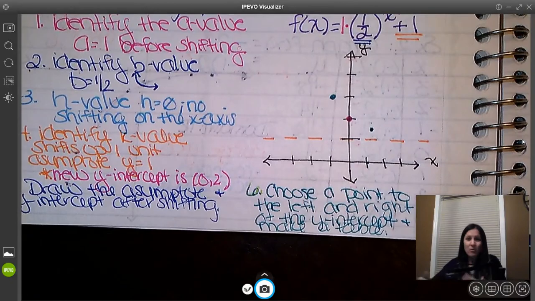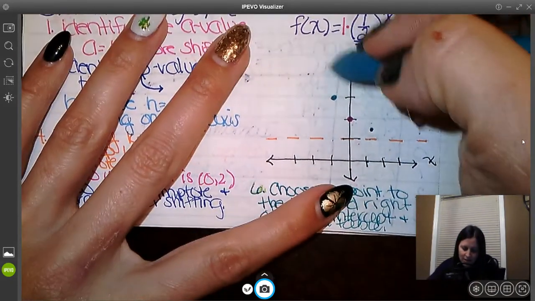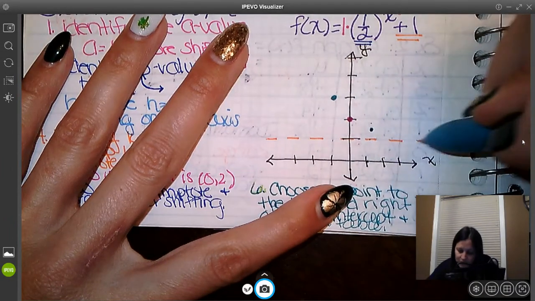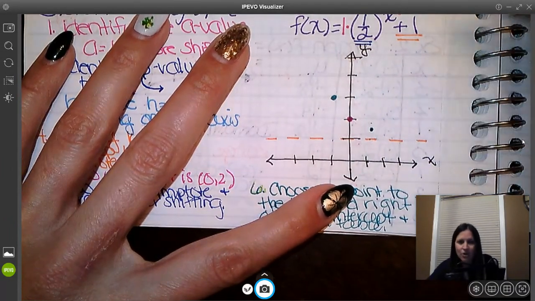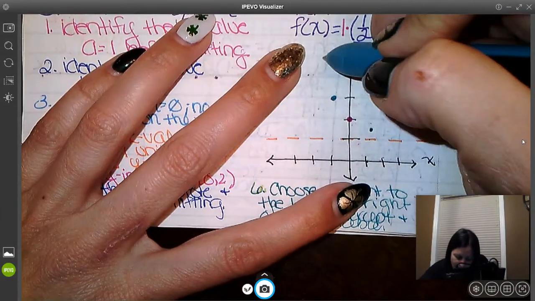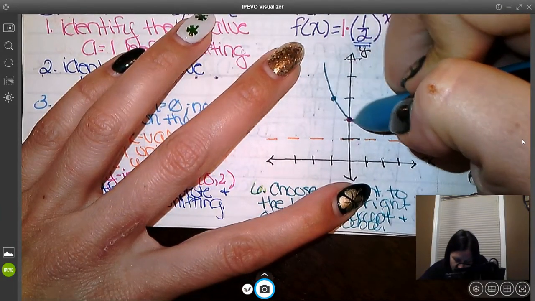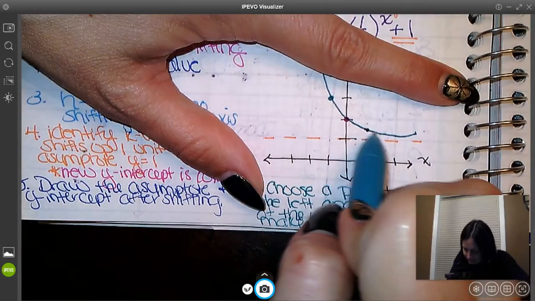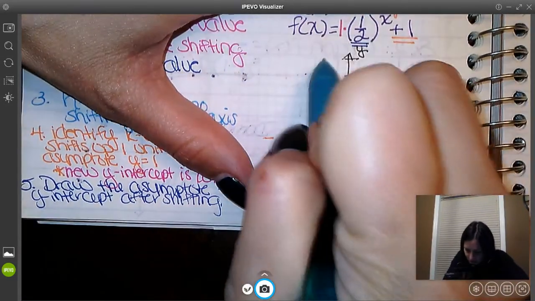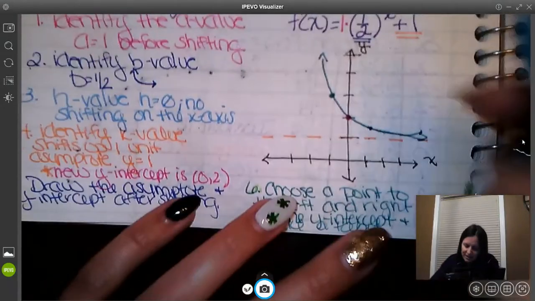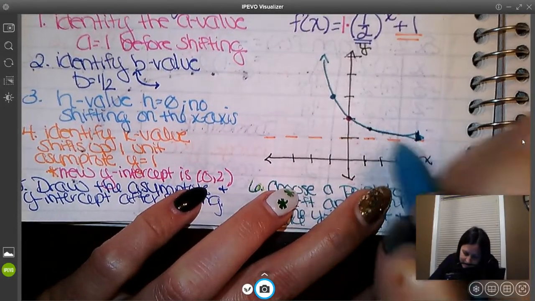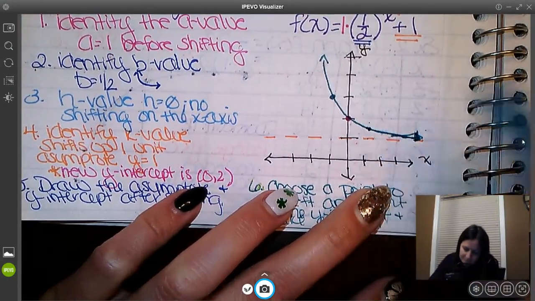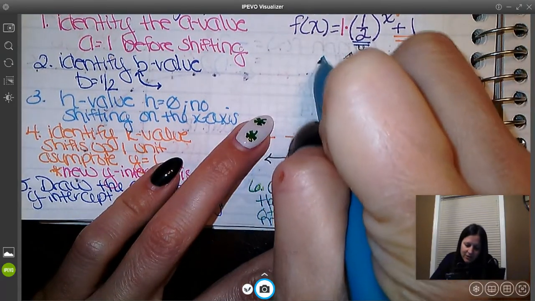And since I know my basic exponential function, I know that it's going to come down, it's going to come close to that horizontal asymptote, but it's not going to touch it. And it's going to continue to go in that upward direction in the other way. So that looks messy, sorry. So there is a sketch of the graph.